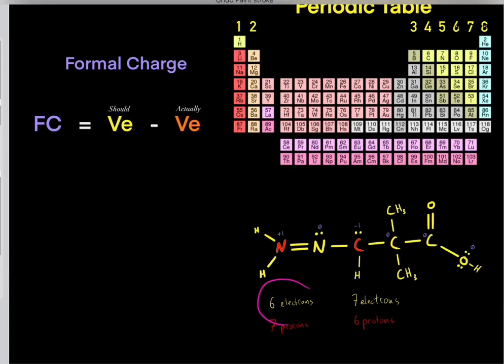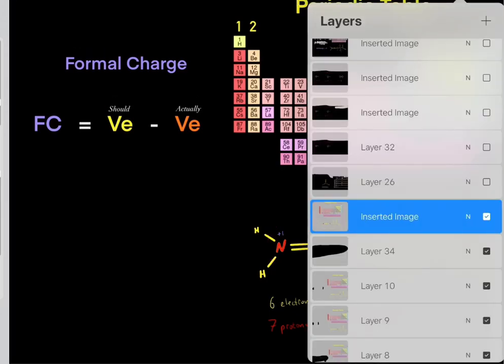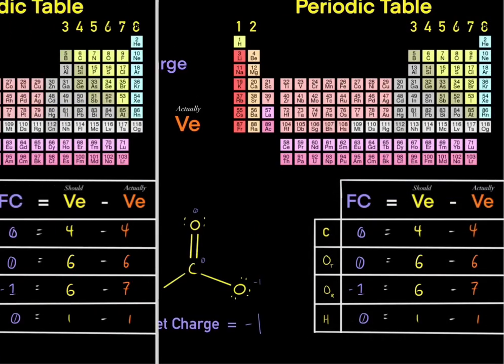In fact, this nitrogen has 7 protons and 6 electrons. However, this carbon has a formal charge of -1, so it has a net negative charge, and it has 1 more electron relative to protons. This carbon has 7 electrons and 6 protons. So formal charge really tells us about the net charge that atom has.